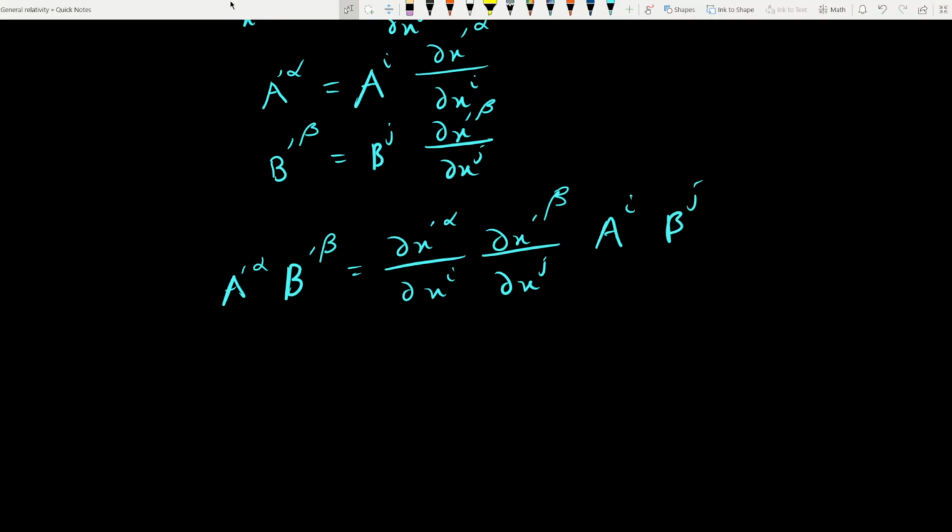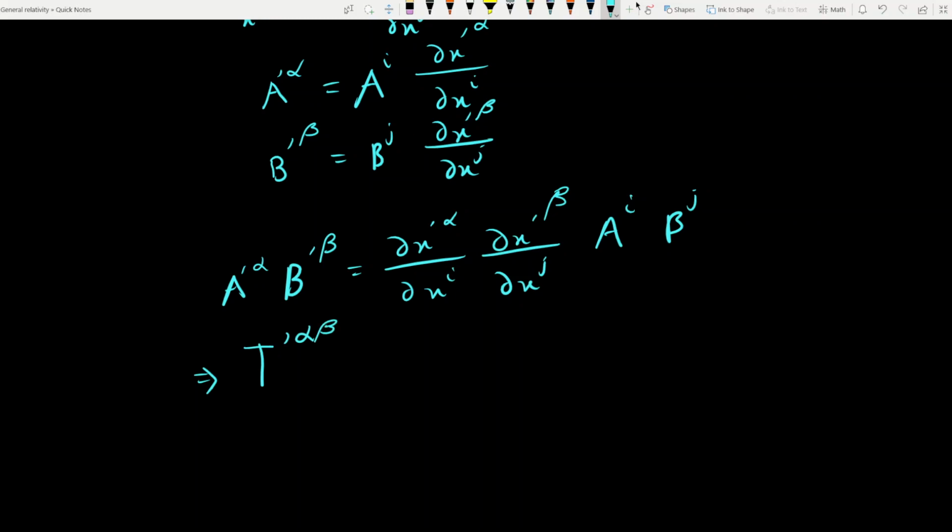Now, this equation, the product of a primed alpha and b primed beta, is what we define as a tensor, say T primed alpha beta.